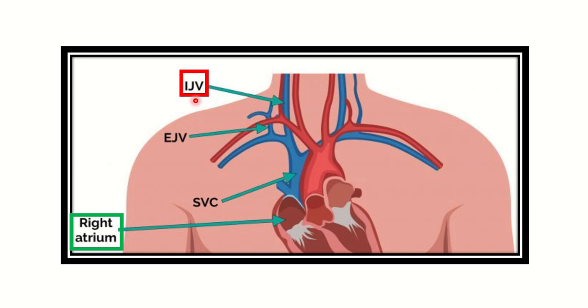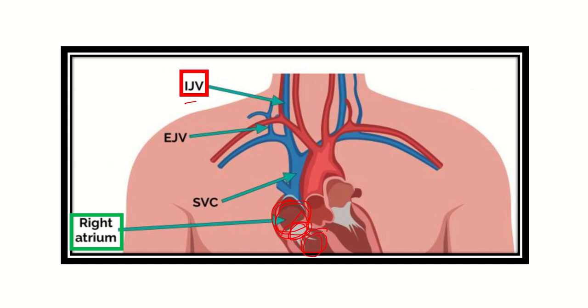And here we can see the internal jugular vein, and this internal jugular vein, it is drained into the superior vena cava, and this superior vena cava, it is directly drained into the right atrium. So any changes in this right atrium, it directly reflect into the internal jugular vein, and also any changes in the heart valve of this right side, and any changes in the ventricle also.